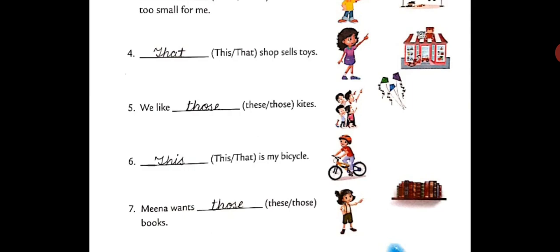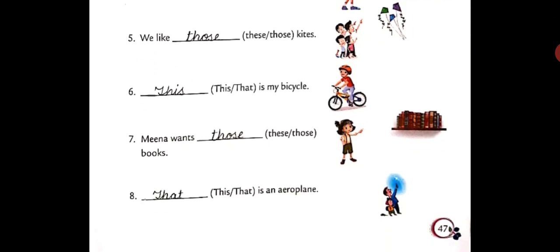Alright. Next is, Meena wants dash books. Yes, these or those? So, books are many and books are far from Meena. So, write those in seventh blank. Fine.